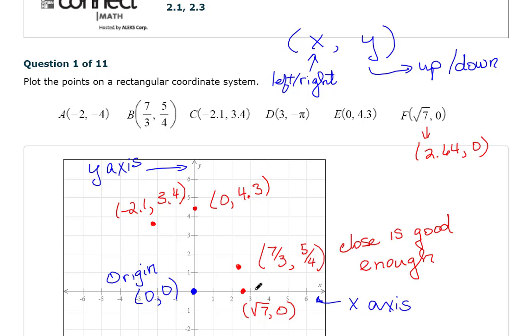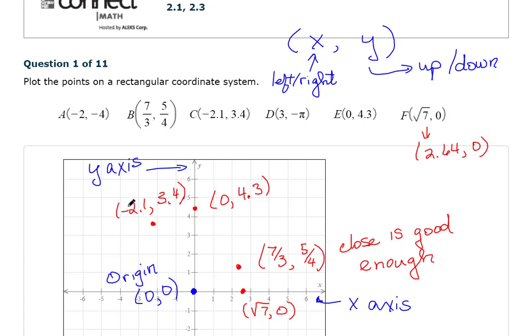We have an x-axis, which is a number line. Positive numbers are on the right, negative numbers are on the left. We have a y-axis that goes up and down. Positive numbers up, negative numbers down. The dot right in the middle where the two axes intersect is called the origin, and it looks like 0, 0.